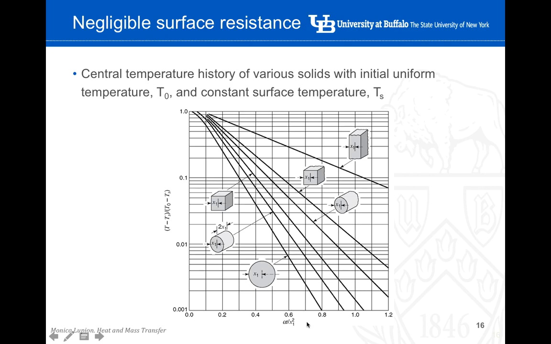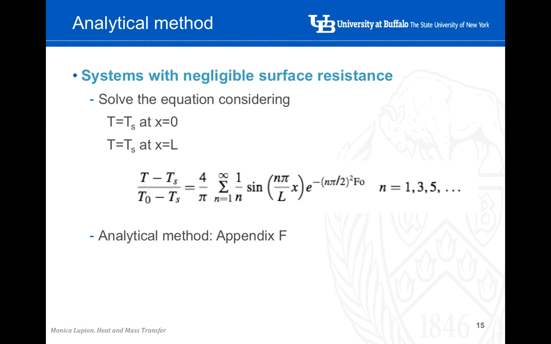The assumptions that we need to take in order to use this graph are that the solid or the medium has to have an initial uniform temperature T sub 0 and a constant surface temperature T sub S. So it's exactly what we just defined for systems with no surface resistance.